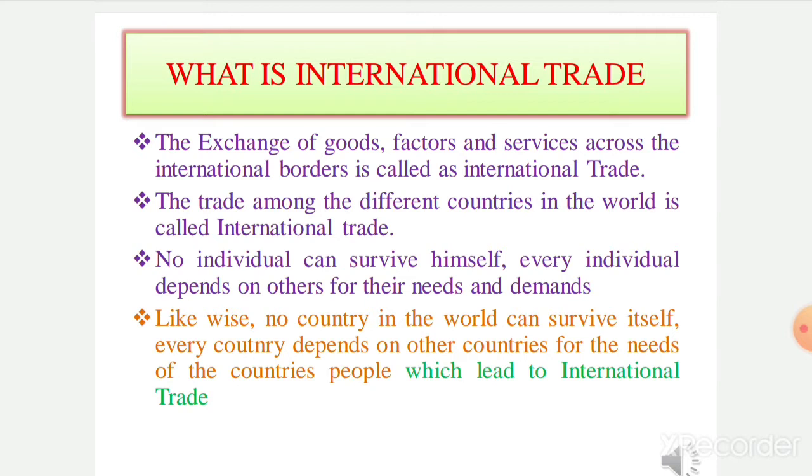Every country depends on other countries for the needs of the country's people, which leads to international trade.